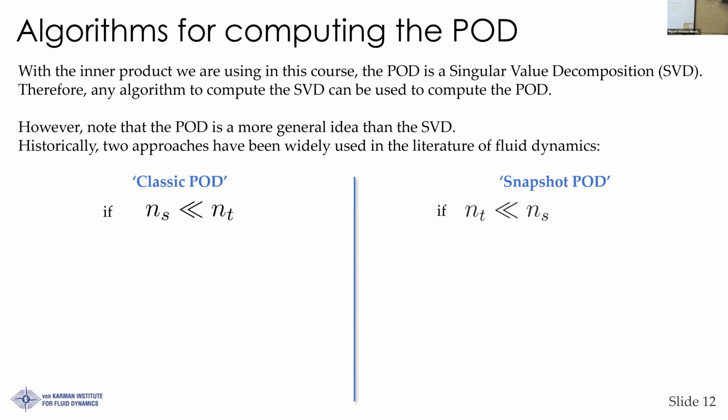The first big distinction, historically the split between what is called the classic POD and the snapshot POD, is whether you want to work with this matrix first, compute the phi's, and then complete your process from here, or compute this one first and then use it to complete the problem. What is the distinction? I mean, what is the dimension of this matrix?